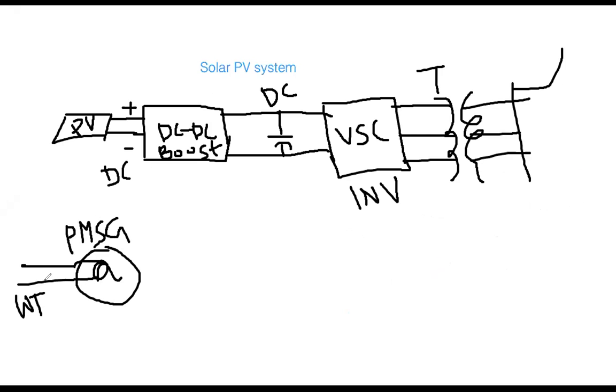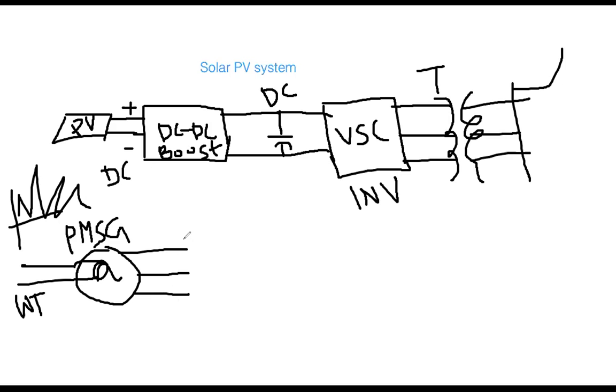This is the shaft, and it is producing three-phase power. Easily you can guess, the wind speed is not constant, it is varying in nature. Consequently, you will get a varying output here. So you cannot directly connect this onto the grid, because customers will get fluctuating output power and voltage.